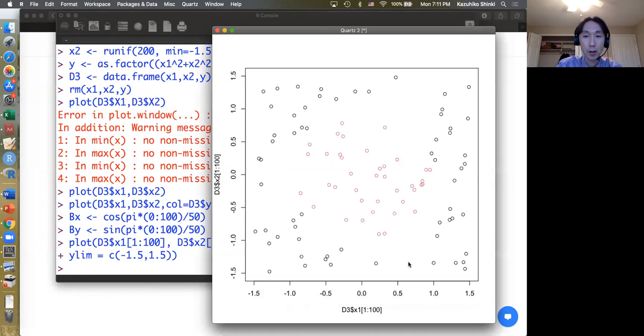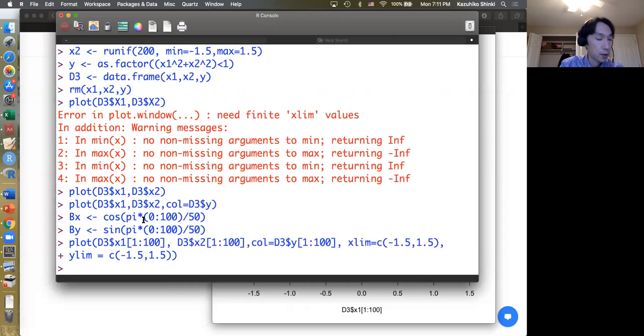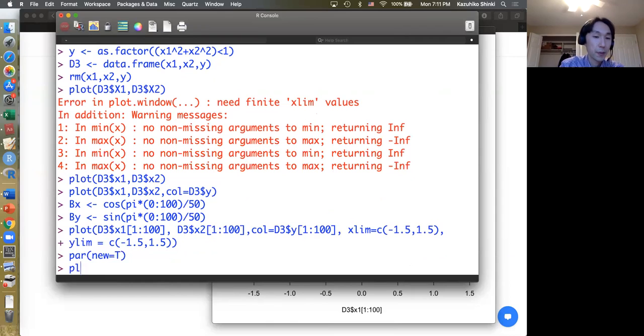Okay, so now the plot, 100 observations. Then we overlay Bx, By, and we want to make the boundary a curve, so we have to specify type is equal to L. And the X limit and Y limit, we have the same ones.